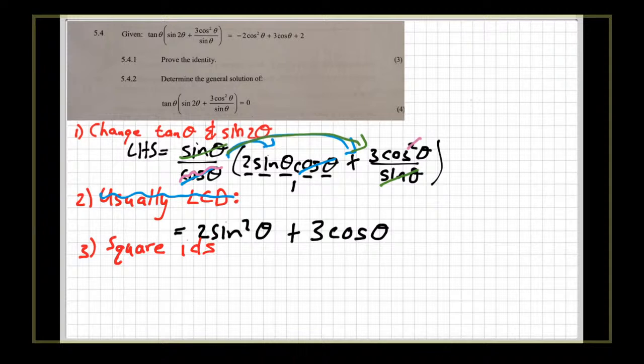The whole mission of trigonometry is making the sum smaller. But in this case, if I look where I want to go, I want to get to a place where I only have cos on the right hand side, which means that sin squared on the left-hand side, I do not want to use.